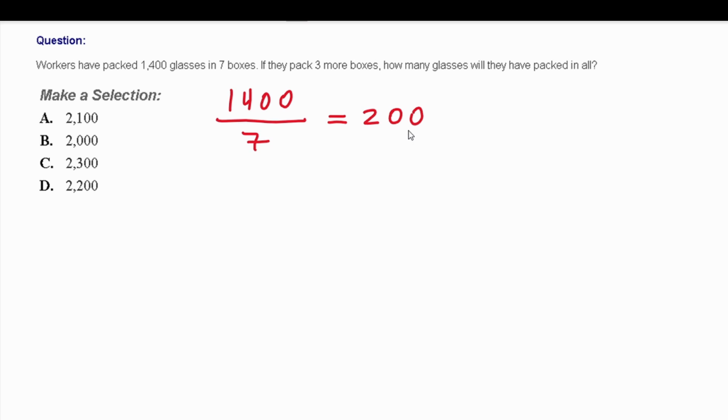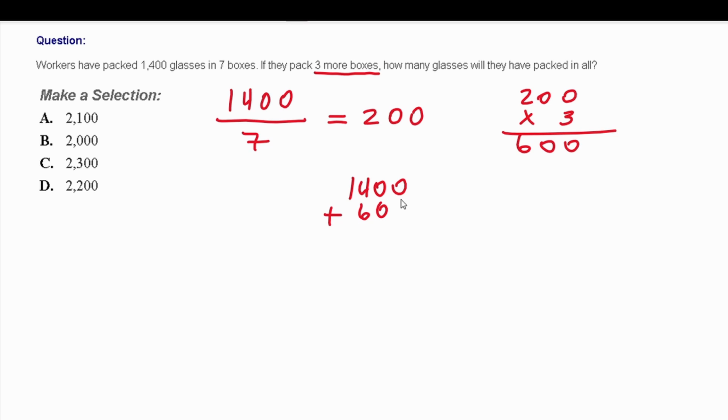So there are 200 glasses per box, which tells us that if they pack 3 more boxes, that's going to be 200 times 3 additional glasses. 0 times 3 is 0, 0 times 3 is 0, 2 times 3 is 6. So in those 3 additional boxes, there are 600 more glasses. We want to know how much they packed in total, so that's going to be 1,400 plus 600.